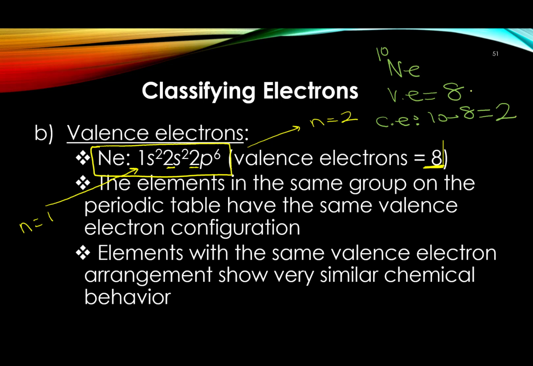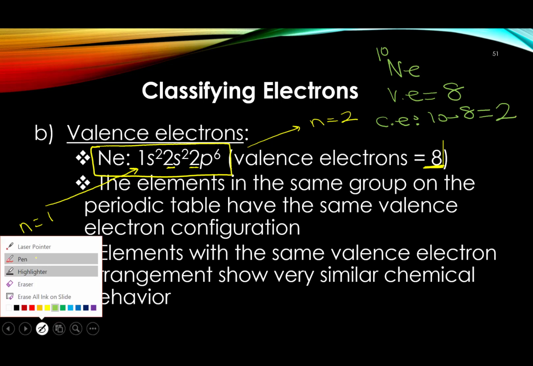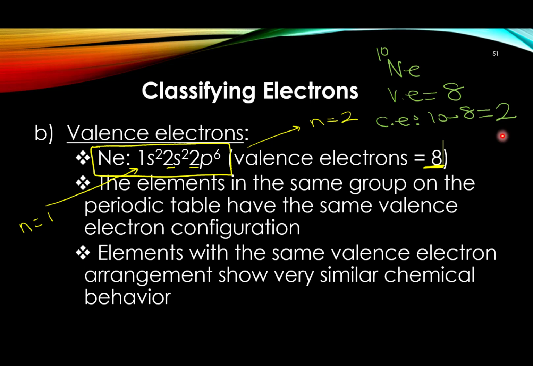Neon has 8 valence electrons and 2 core electrons. That's how you will calculate valence and core electrons for any element. Also, elements with the same valence electrons usually show the same or similar chemical characteristics and behavior.